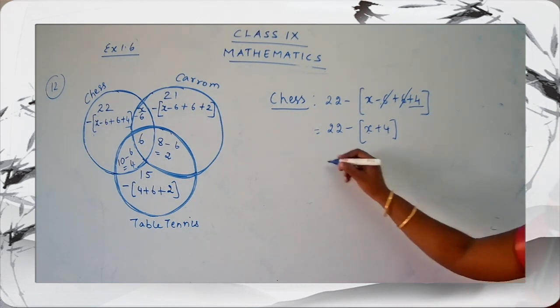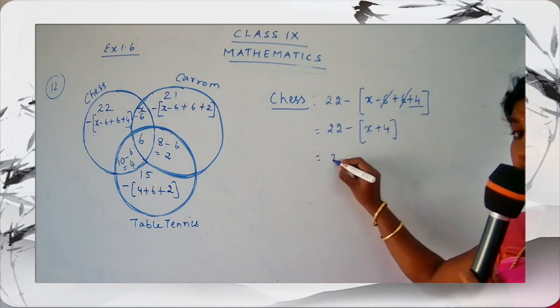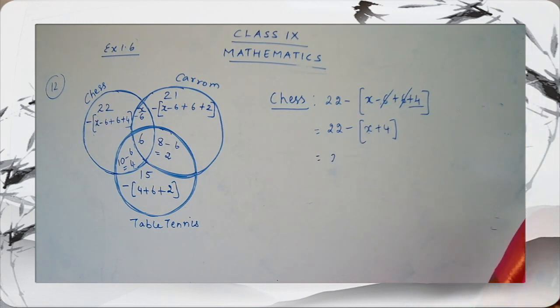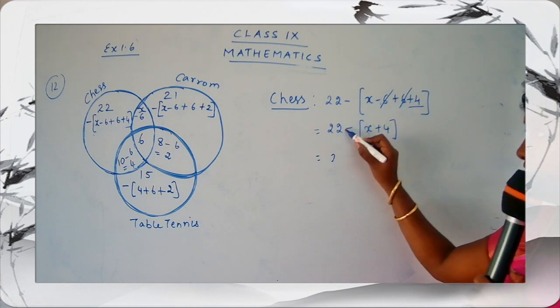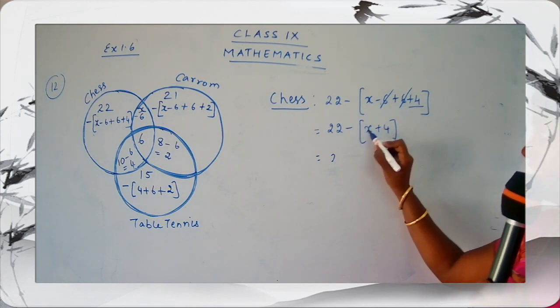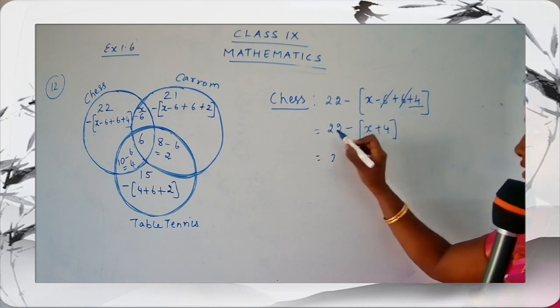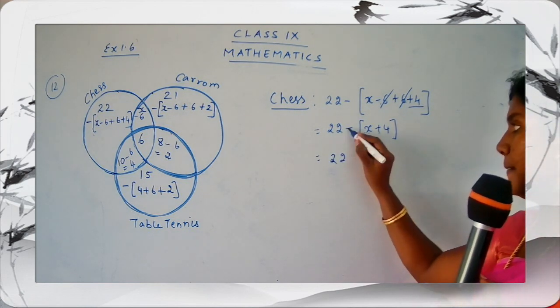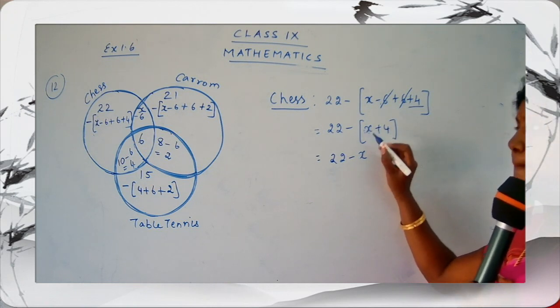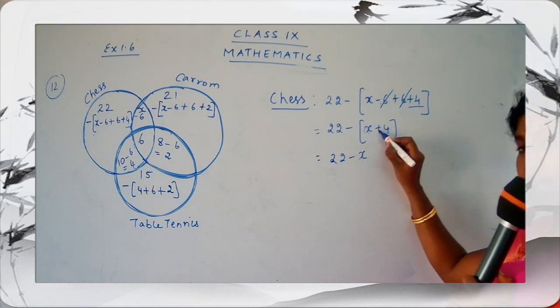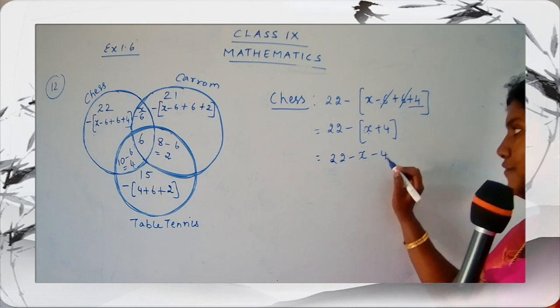Good. Now let me open the bracket, children. When I open the bracket, you have to be very, very careful because we are dealing with a negative sign. When you have a negative sign, you have to change the sign of the inner terms. So this is 22 minus x. See, this is plus x. So plus x will become minus x. And this is plus 4. It will become minus 4.